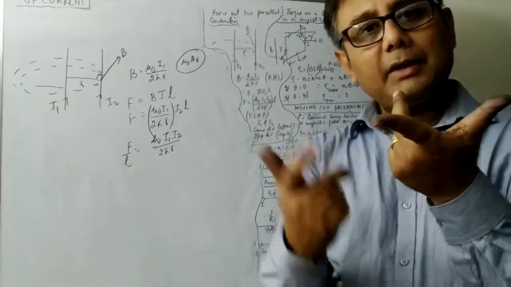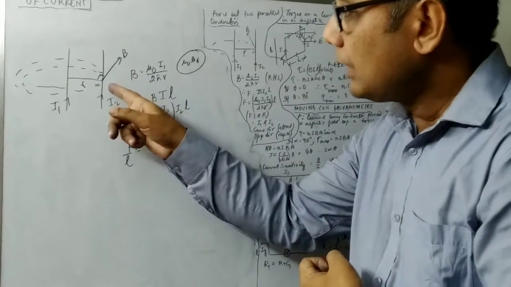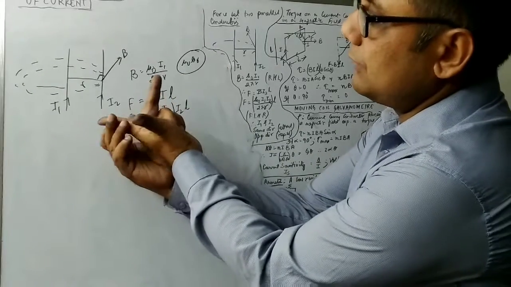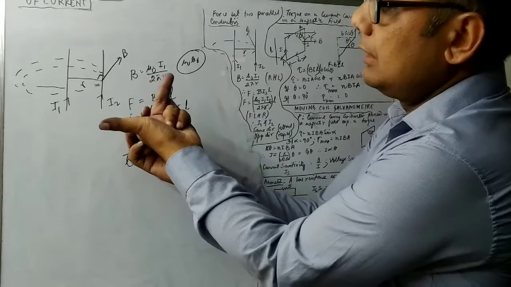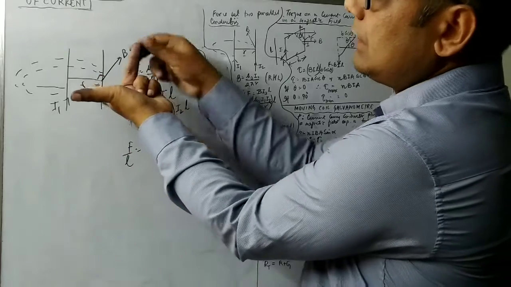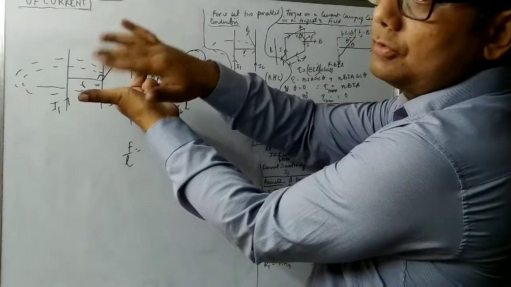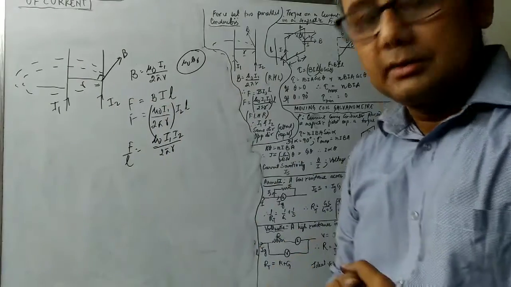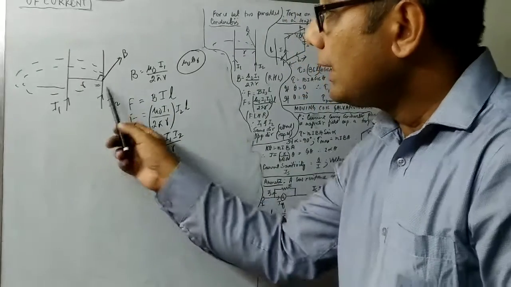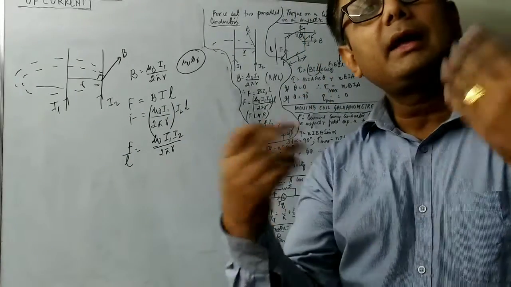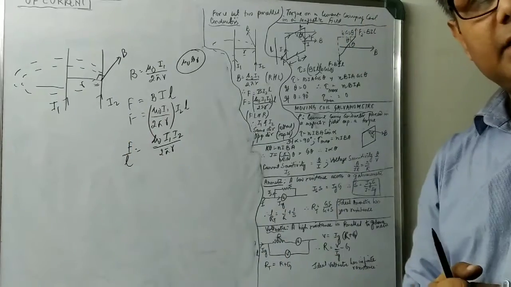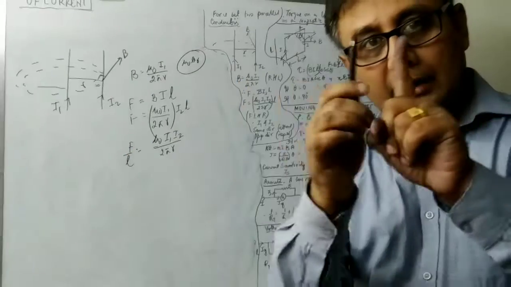So if we apply Fleming's left hand rule on this wire, keeping the direction of the magnetic field and the direction of the current, the force is acting in this direction. That means the two wires will attract each other. So if two wires are carrying current in the same direction, they will get attracted.